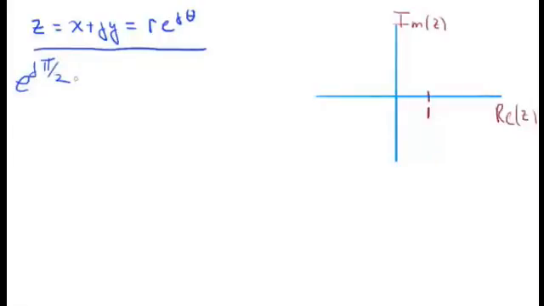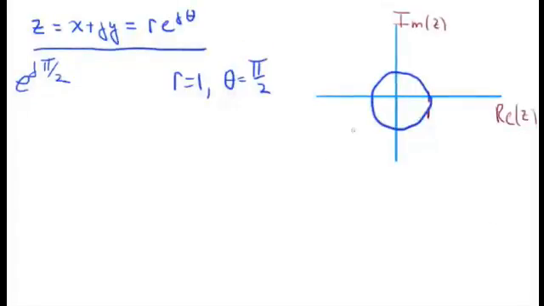Now we're not going to compute it using Euler's formula. We're going to consider it as polar coordinates with r equals 1 and theta equals pi over 2. That's r e to the j theta. So what I do is I go to my plane, I draw my unit circle, that's radius r equals 1.